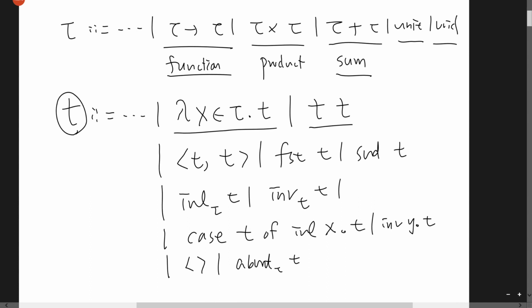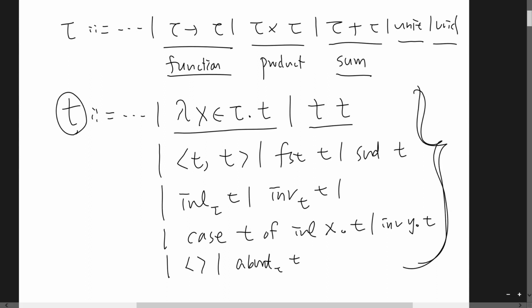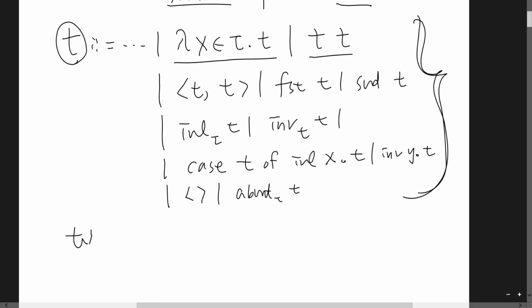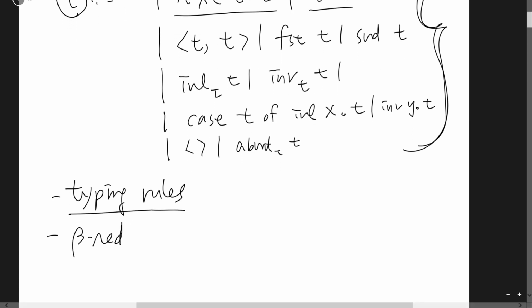And the way that we derive all these terms is completely analogous to the way that we derive similar constructs in the simply typed lambda calculus or in the previous discussion. So typing rules are completely analogous as well, and we can even derive beta reductions and eta expansions in the same way.